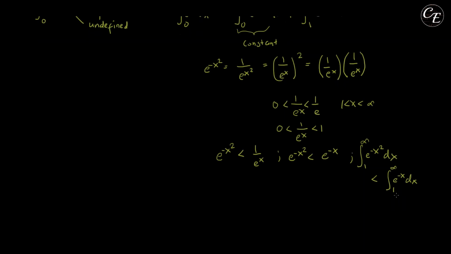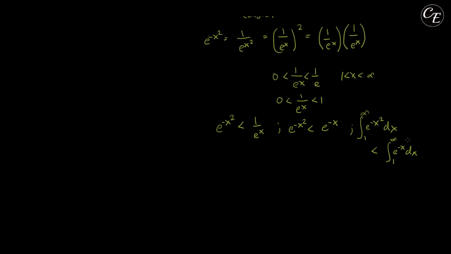Now, we can evaluate this integral. This integral, e raised to negative x dx from 1 to infinity, is equal to negative e raised to negative x from 1 to infinity. When we substitute infinity for x, we'll get negative 1 over e raised to infinity, or negative 1 over infinity, or 0.